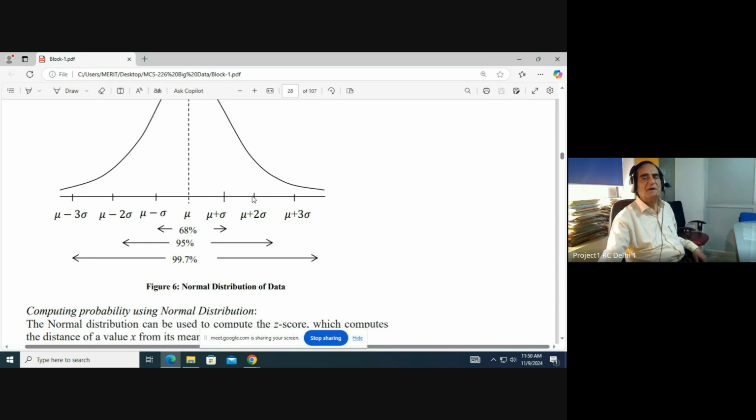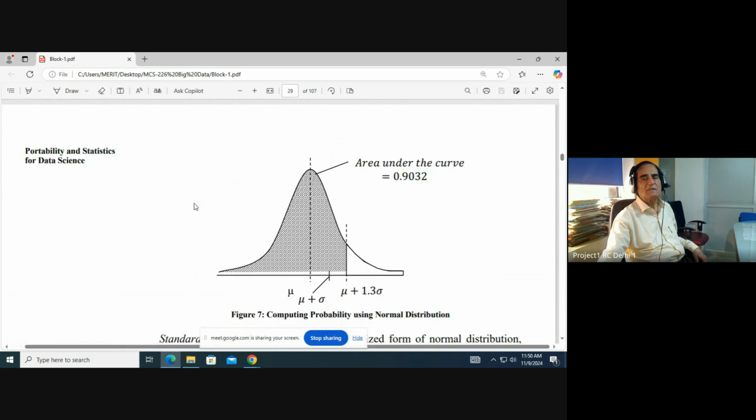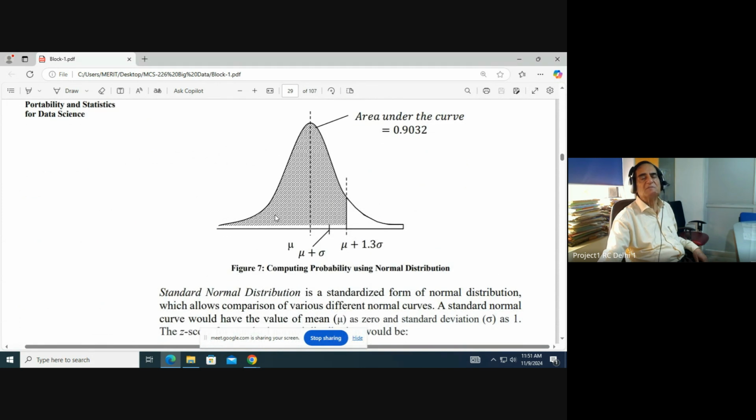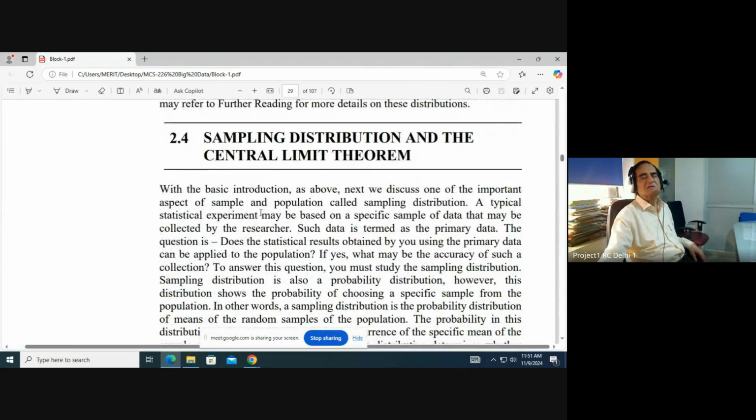From here to here, minus 2 sigma to plus 2 sigma, is 95%, minus 1 sigma to plus 1 sigma is 68%. So that type of thing, you get the question. So area under the curve, so this mu plus 1.3 sigma, you get mu plus sigma and all these things. So all these things are simple there.